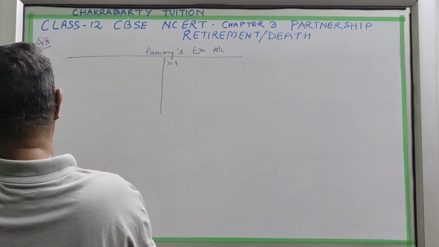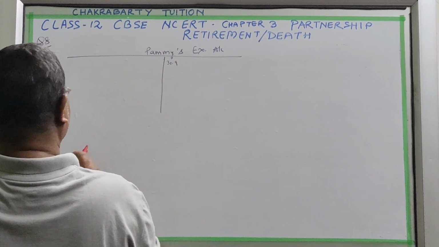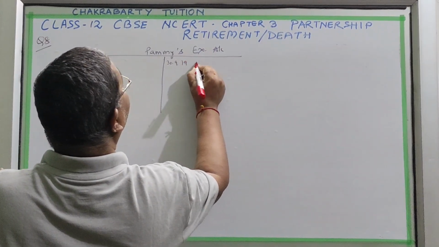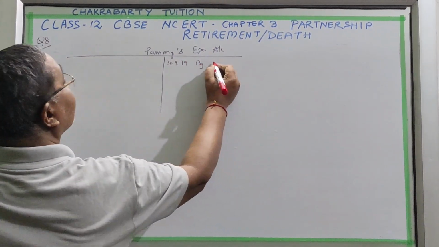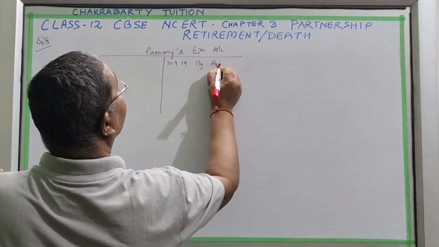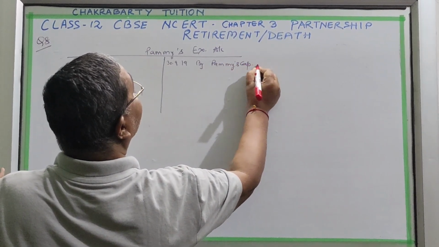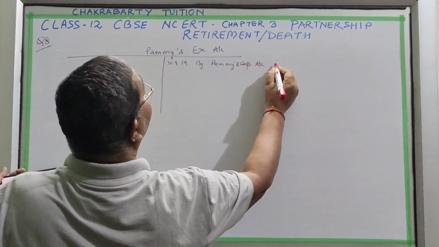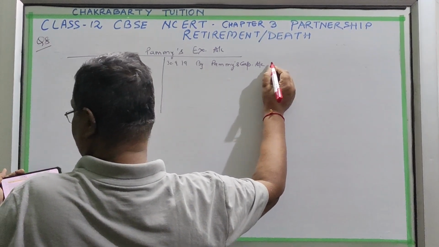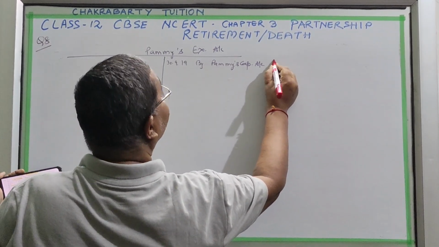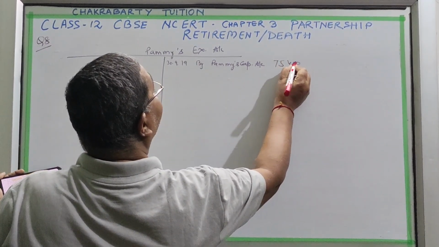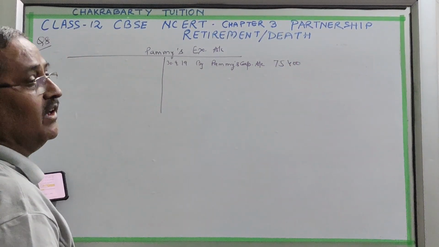He died on 30th September 19th. By when is the capital account? Capital account, how much will it come to? It will come to 75,000, and he is to be paid in annual installments.